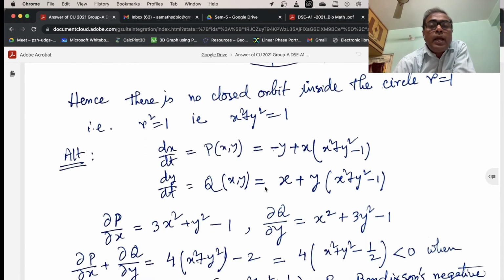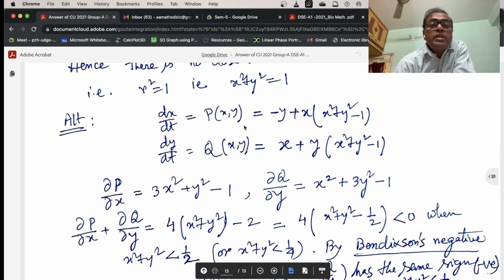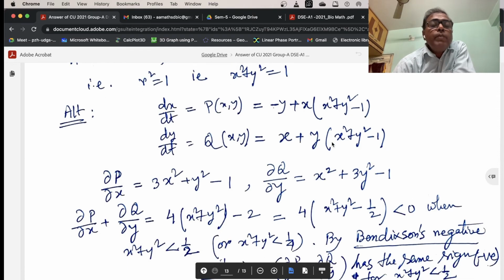Alternatively, we can derive this condition using the Bendixson negative criterion. Here dx/dt equal to P(x,y), dy/dt equal to Q(x,y), where P(x,y) equal to this function and Q(x,y) equal to this function. Now del P/del x equal to this and del Q/del y equal to this.